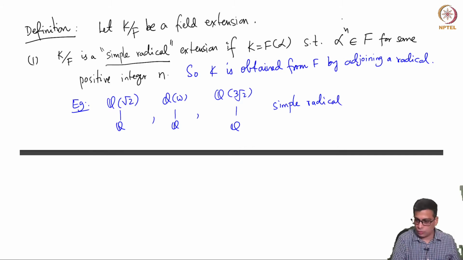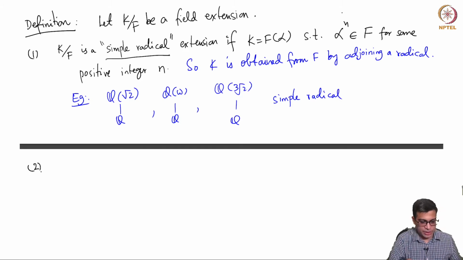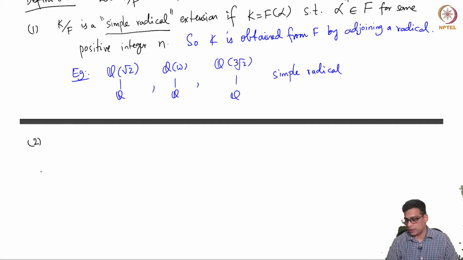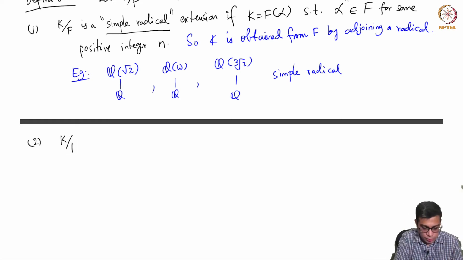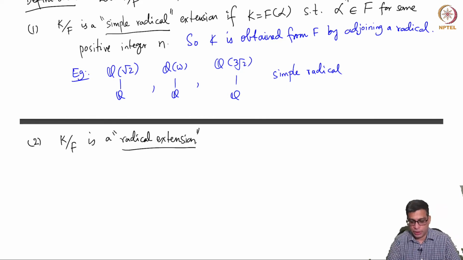Okay. So, now a radical extension is one which consists of a tower of simple radical extensions. K over F is a radical extension. So, I removed the word simple here.